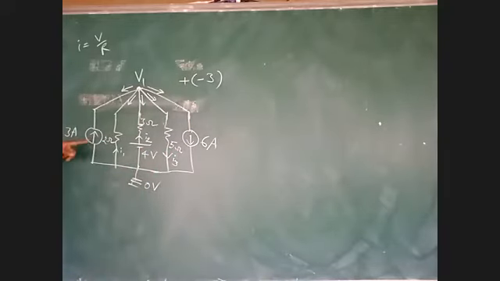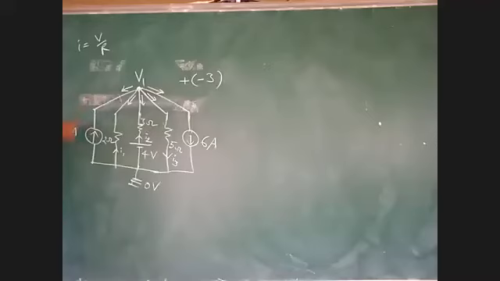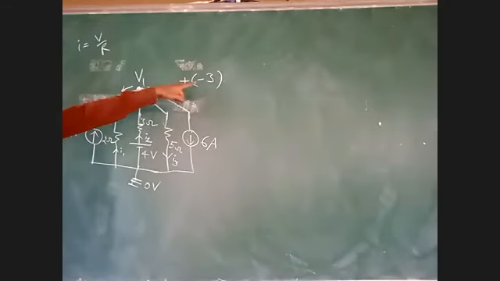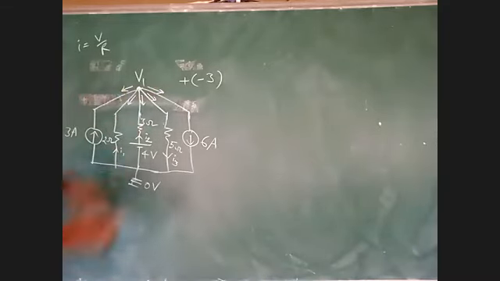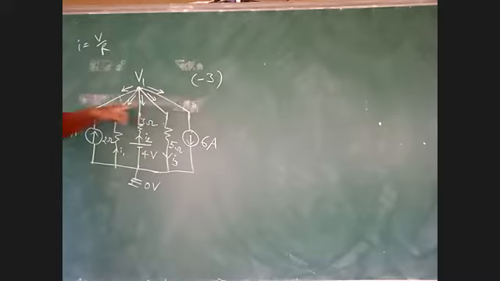Why minus 3? This current is coming towards the node point, but our assumption is that current is leaving from the node. Since the two arrows are opposite, we take minus 3.